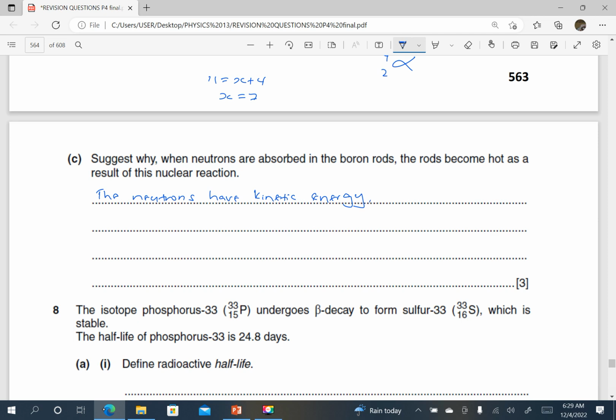When the neutrons are stopped, when the particles are stopped, they rapidly lose their energy.